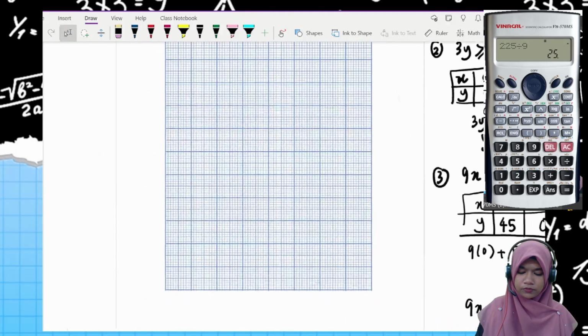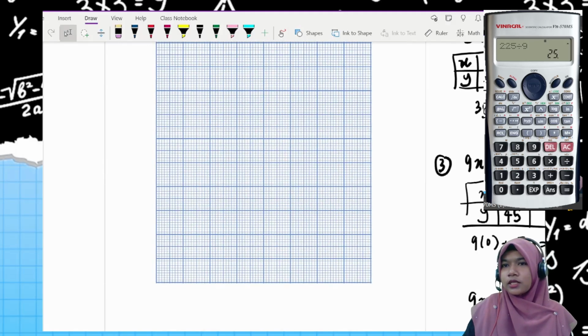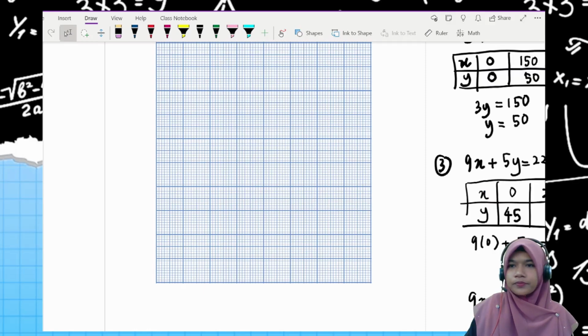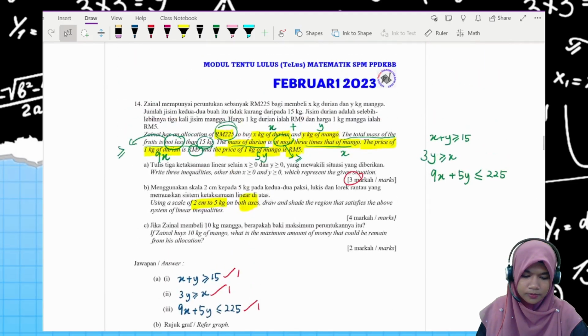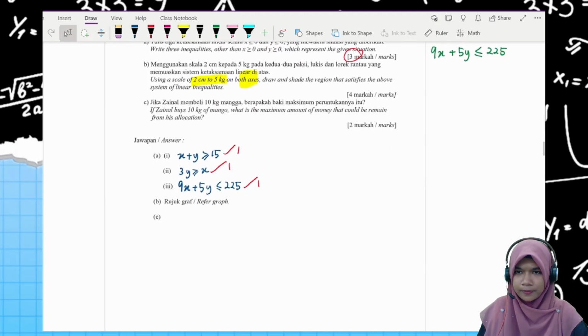So you draw the axes, the y-axis and x-axis. Close the calculator first, put the calculator aside. This one is question number 14.